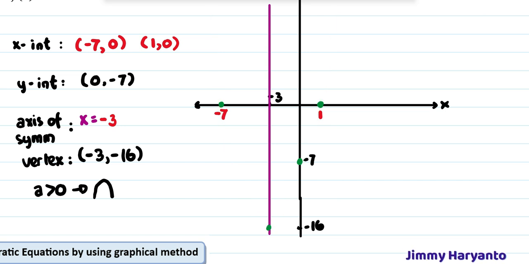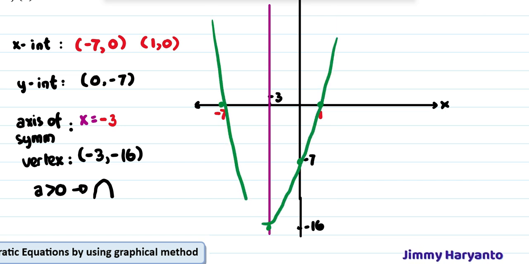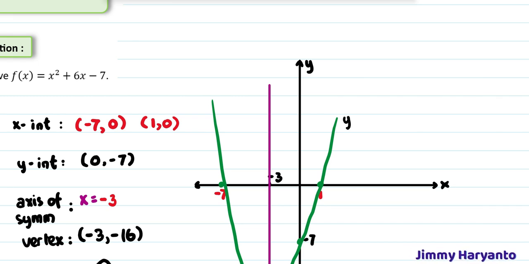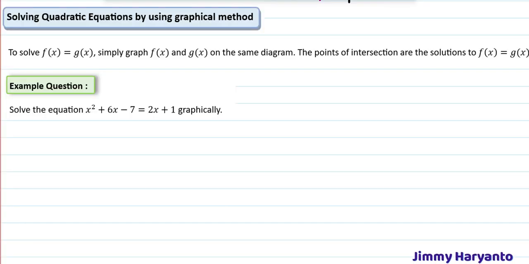Oh no, wait, that's so bad. Like this. Yeah, maybe like that. So this is our curve, and maybe you can label it as y equals x squared plus 6x minus 7. There you go.